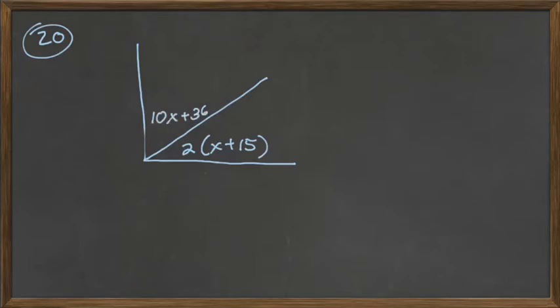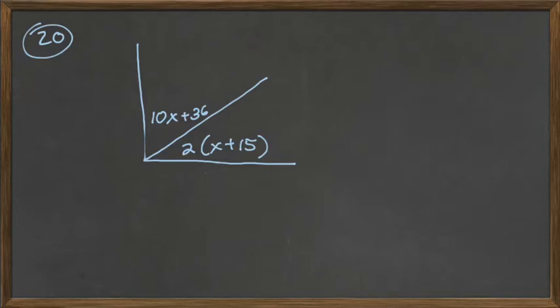So they give you the algebraic expressions already, and they give you the geometrical angle graph here. So what do we do? Solve for x and find the measure of each angle.